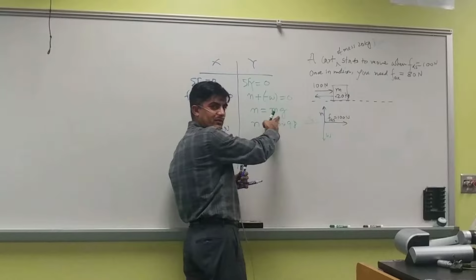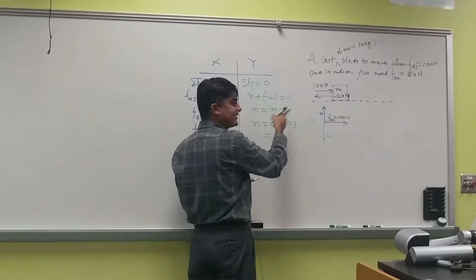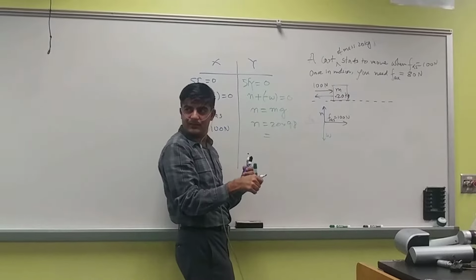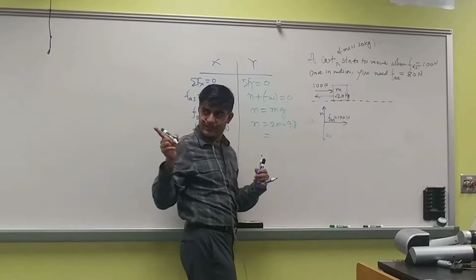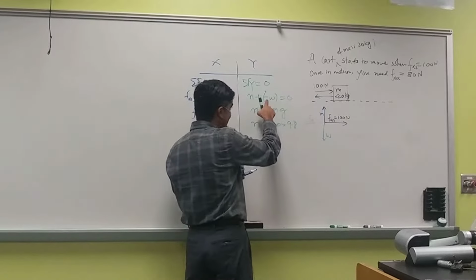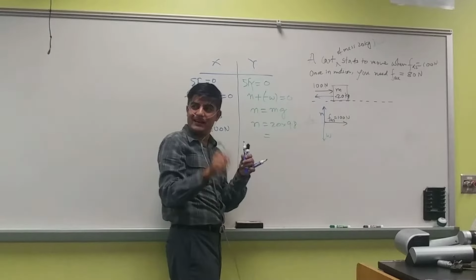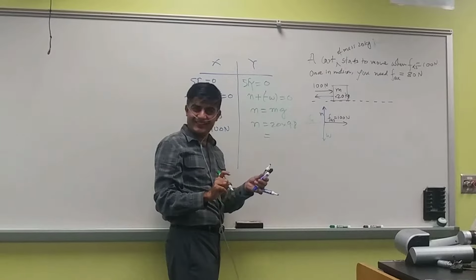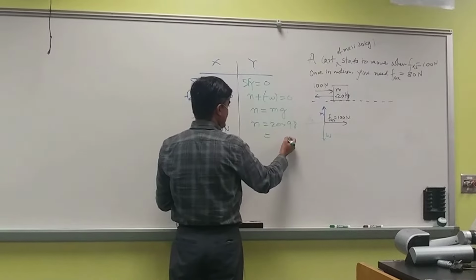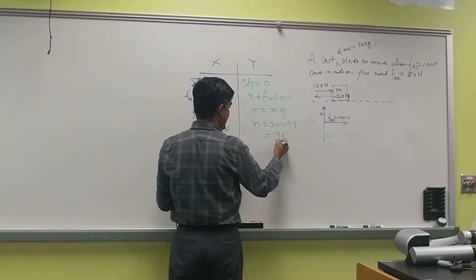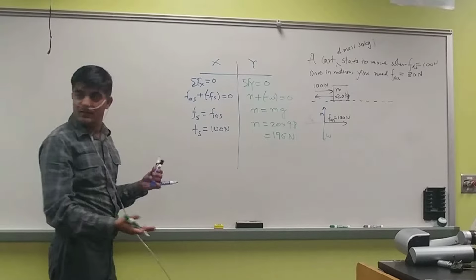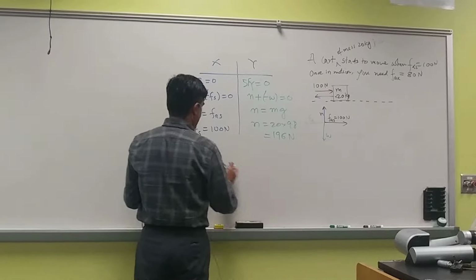Remember, this is the magnitude, because the direction is already taken care of by the minus. If you put minus there, then don't use minus here. You cannot do minus and then again minus. So this one will be 2 times 8, 16, 196 Newton. So now, what's your mu_S?